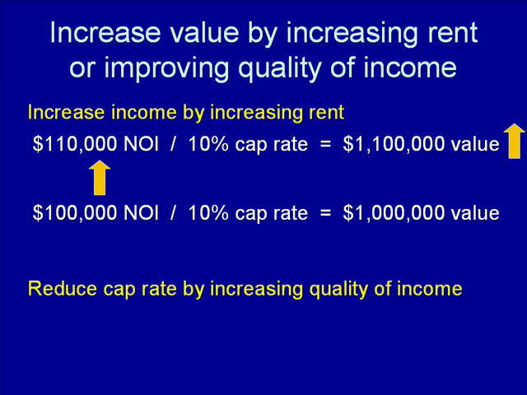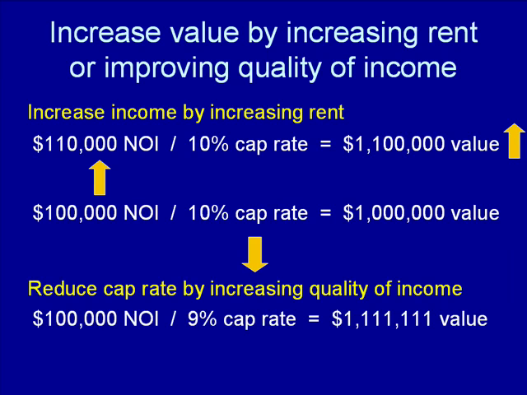The other way we can do it is to reduce the capital rate by increasing the quality of the income. So if the income is of higher quality, we don't require as high a return on our money. So we can then have a greater value to that asset. In this case, if we reduce the cap rate to 9%, so we've increased the quality, so we change some of the tenants and we increase the quality of the income.